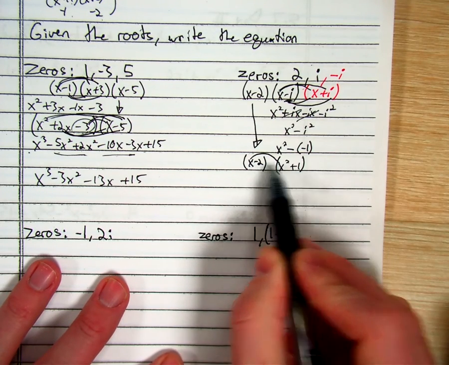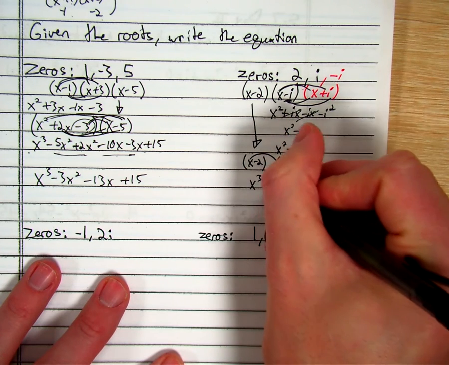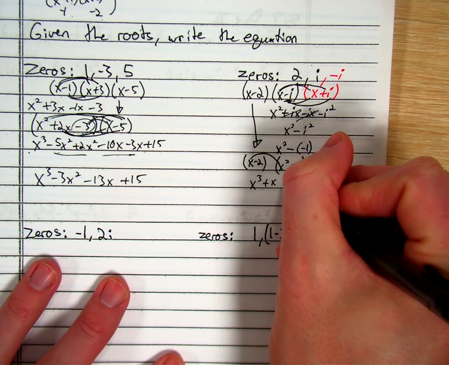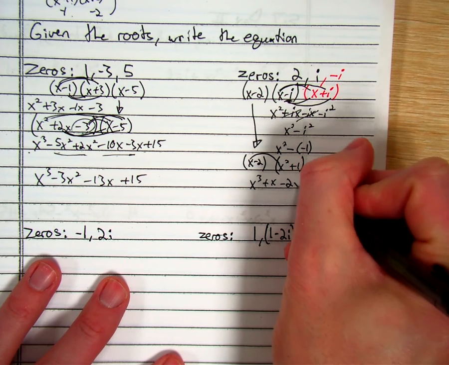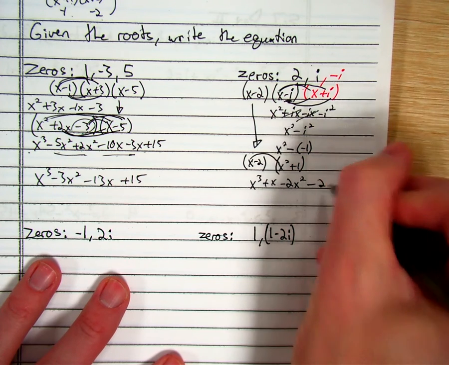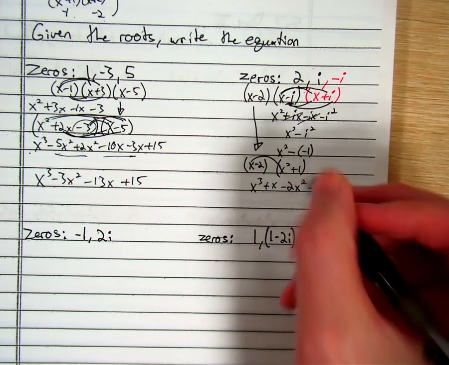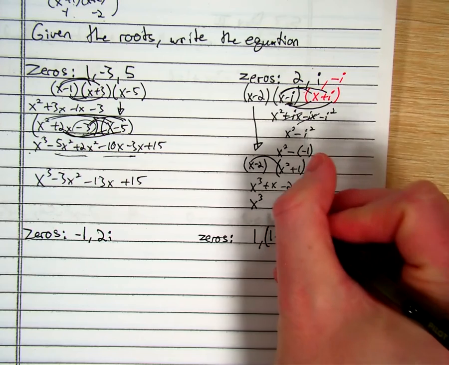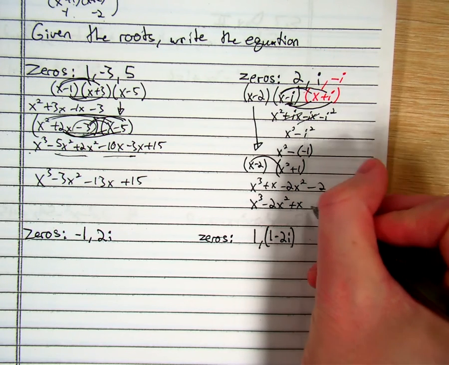We got x times x squared, we're going to have x to the third, plus x, minus 2x squared, minus 2. Nothing to combine there. But we could rearrange these so they're at least in order. x cubed minus 2x squared plus x minus 2.